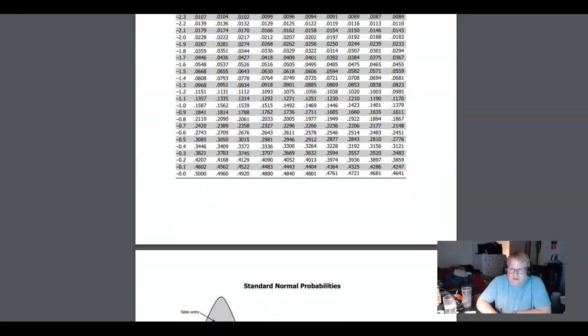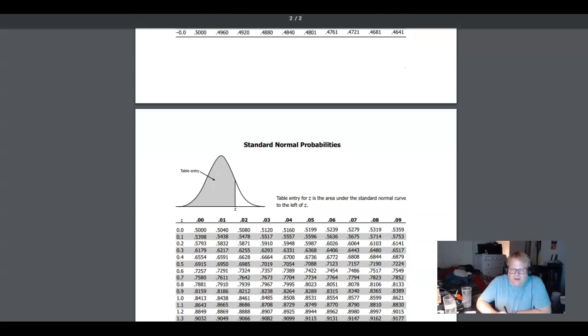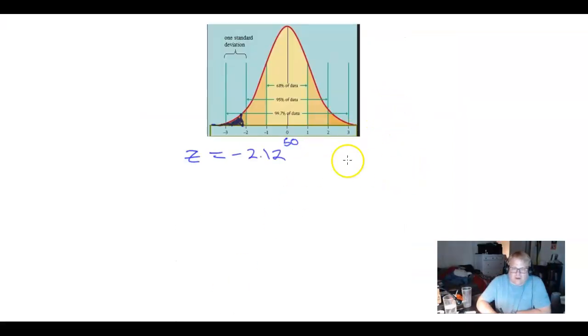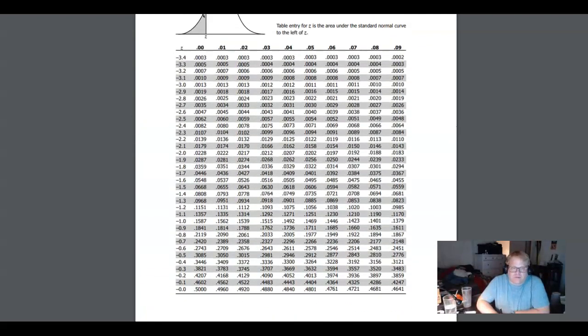So, when they ask you about z-scores being less than or greater than, when they're asking for less than, it has nothing to do with whether the sign is positive or negative. It has to do with the curve itself. So let's go back to my picture. If I were working on this at negative 2.12, I would look it up.